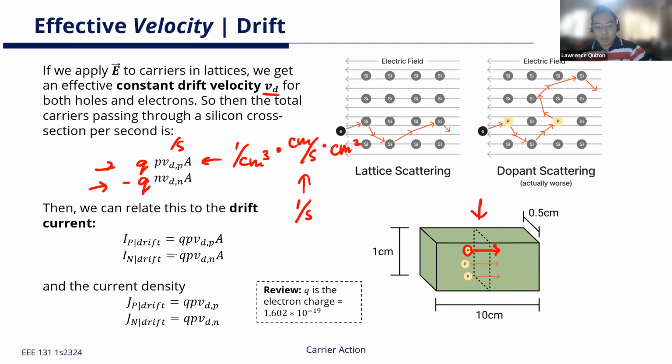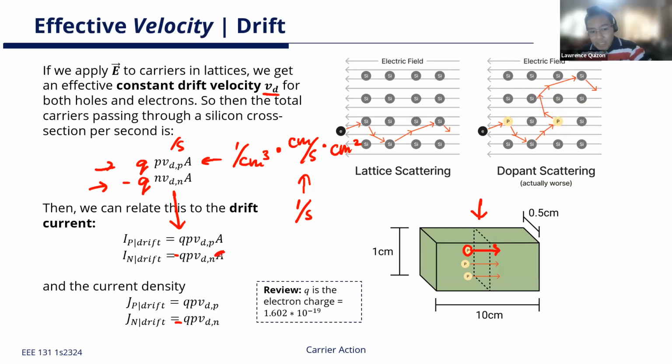This is negative Q for the electrons. Sorry about that, maybe I'll fix that typo as well. It should be negative because electrons have negative Q. But really, all we did was multiply by Q to get the amount of charge passing through a cross-sectional area at any given point in time, which is the definition of current.